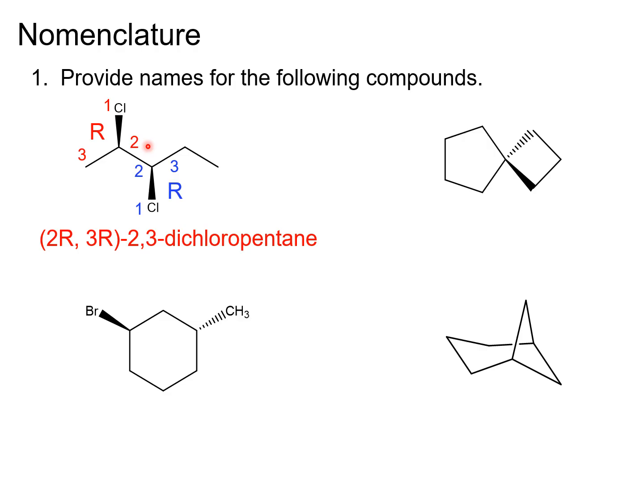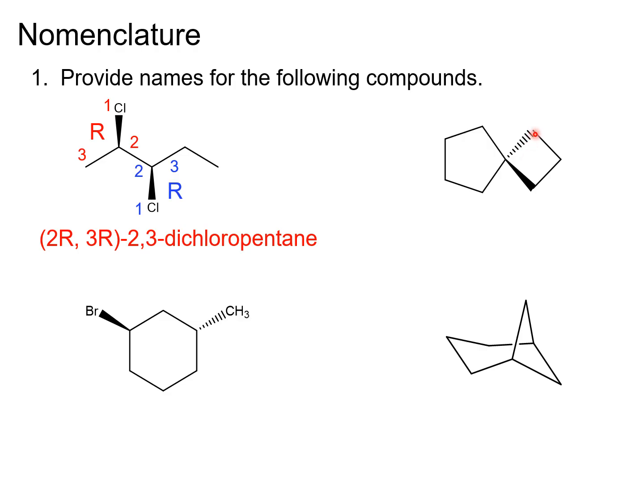Next one, this is an example of our spiro rings where we had 1 atom that's participating in both of my rings. So the first part of this would be recognizing this as a spiro ring. Then I'm going to go in both directions from that single carbon that's in both. So from here, I have 1, 2, 3, 4 carbons.